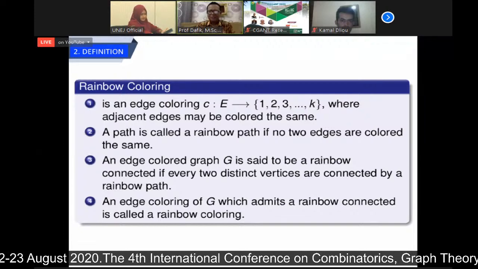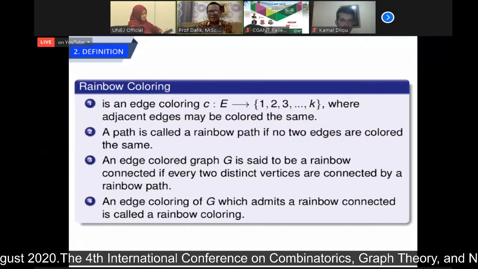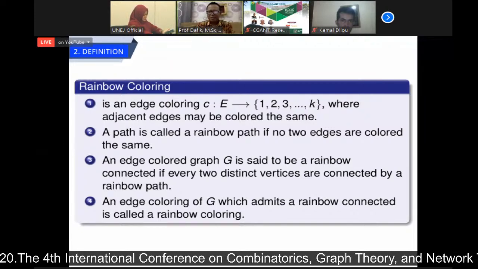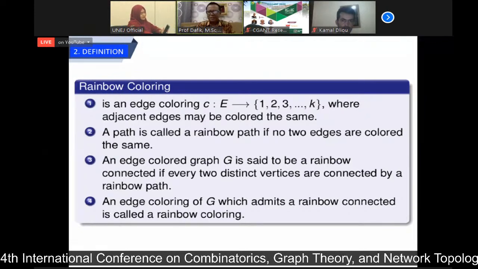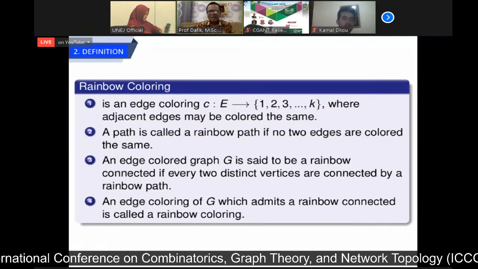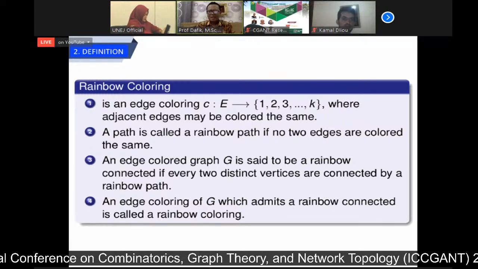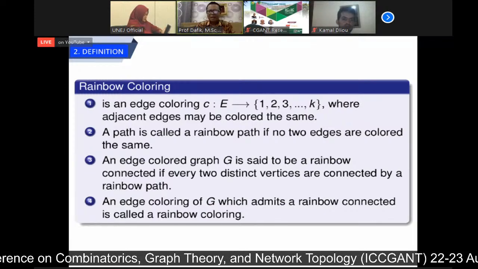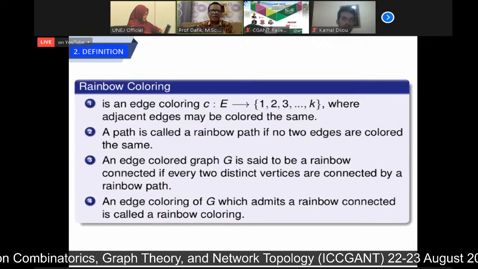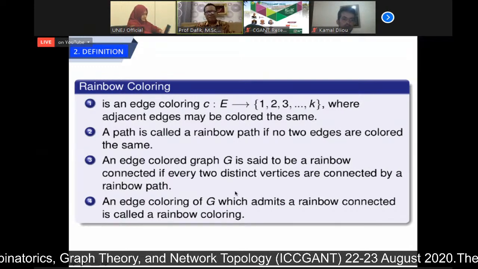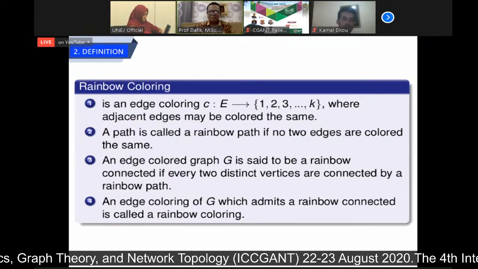There are a lot of people working on it, and there is a dynamic survey also. Xueliang Li has also written a book about the dynamic survey of rainbow coloring. We have this kind of definition.